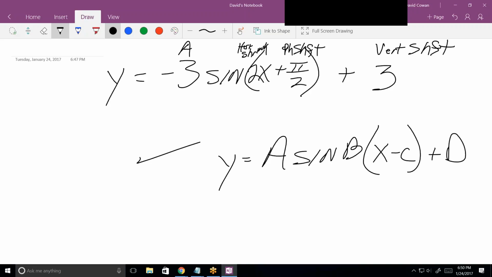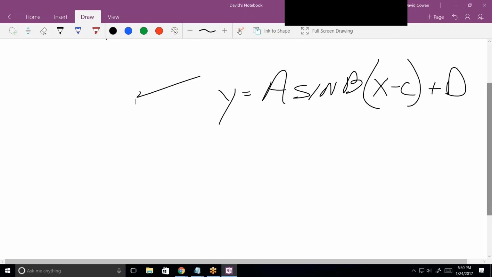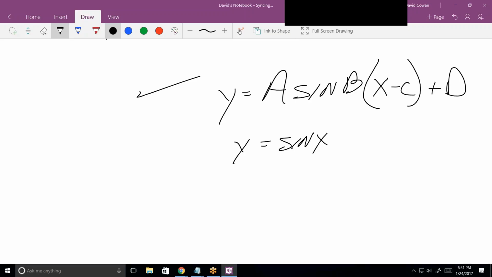Okay? For example, my basic sinusoid, or my basic sine of x, well, that just means a is 1, b is 1, c is 0, and d is 0. Well, that has a periodicity to it. It just repeats.